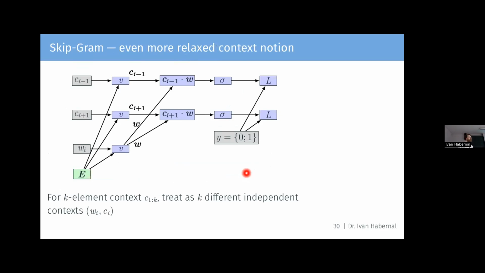This is it. You can make it even simpler, where we say each context word will be its own instance. So I'm just modeling the dot product between the target word and 1 context word at a time, independent of the others. I don't care about the others. I'm just basically saying, does this 1 single context word occur in the context of the target word?